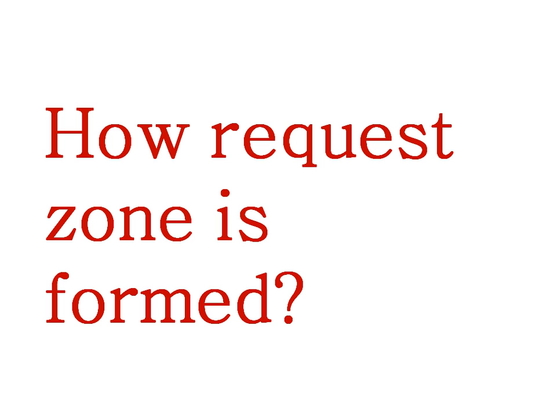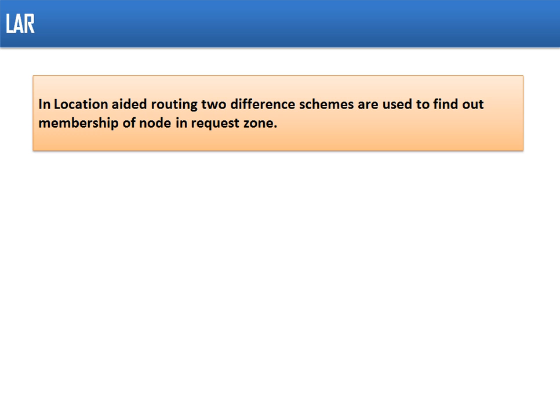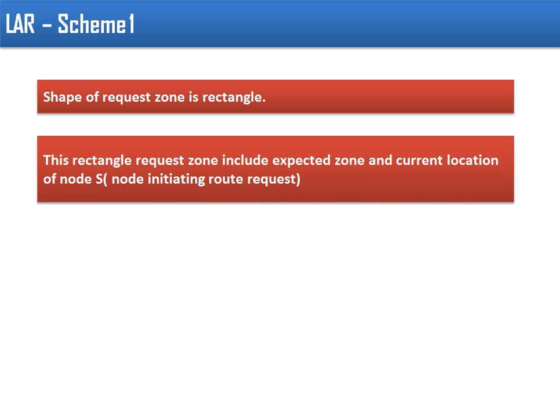Now how is the request zone formed, what are the criteria, who is going to specify that this is the request zone? Location aided routing has two different schemes to find out whether a node has membership in a request zone or not. This is the first scheme.